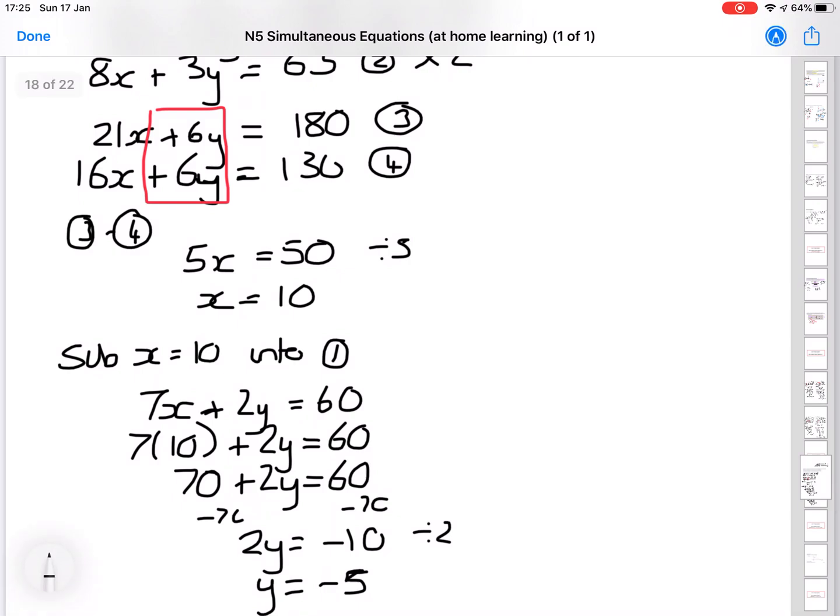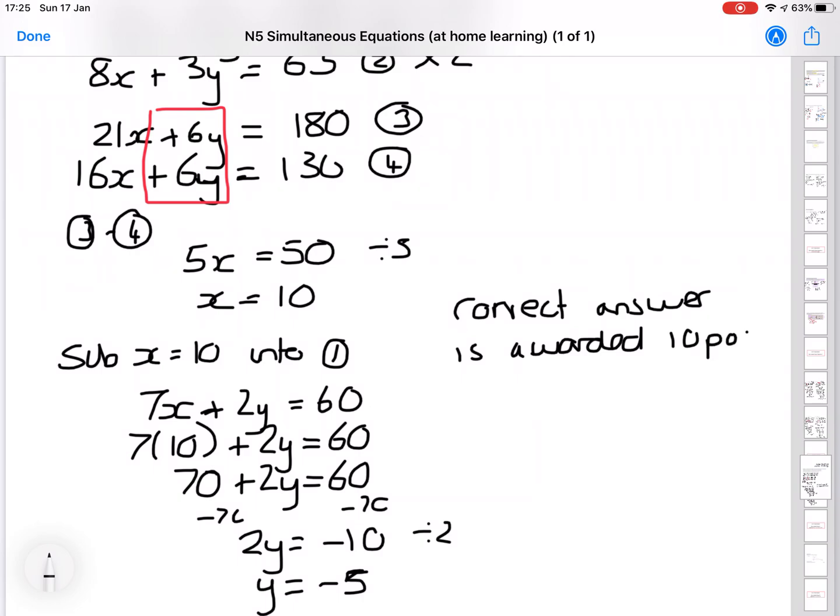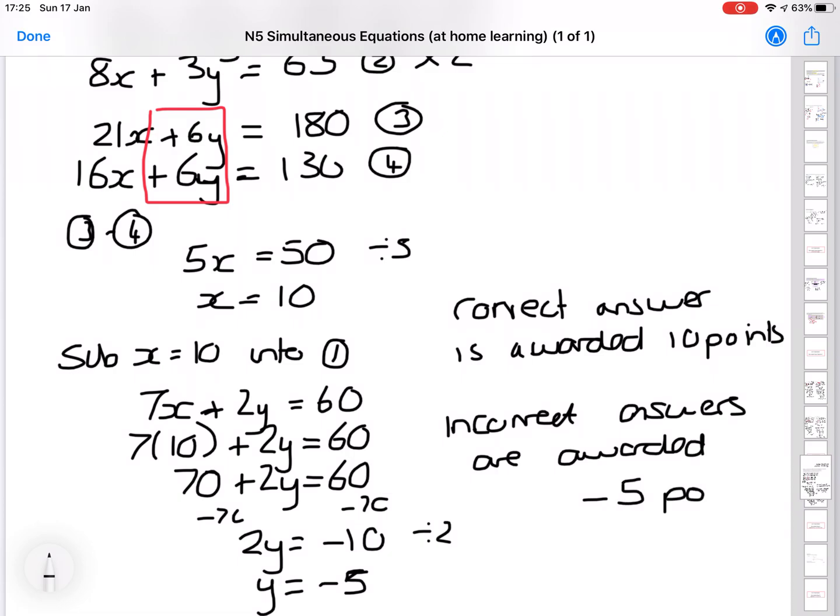We would just write at the side or underneath: correct answers are awarded 10 points and incorrect answers are awarded minus 5 points.